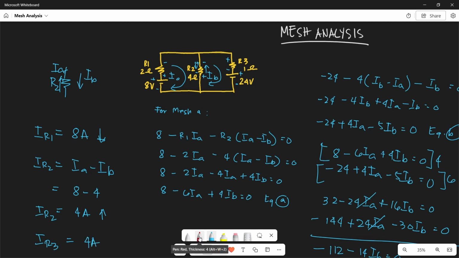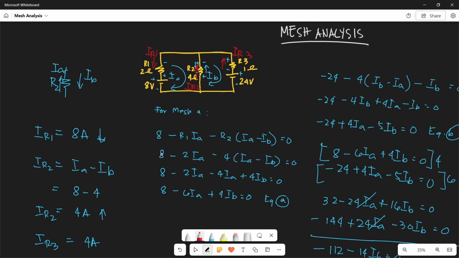Okay, so if we write the currents here, this is IR1, then IR2, and then IR3.